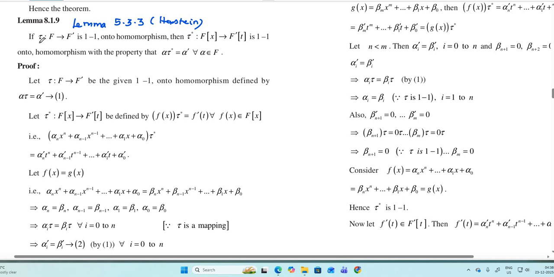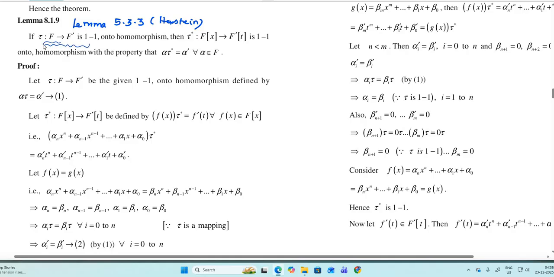So what is given to me is only this: tau from F to F prime is a one-to-one onto homomorphism. If that is the case, then we have all this. We can have from F[x] to F prime[t] a mapping which is a one-to-one onto homomorphism. Now the entire proof of uniqueness of splitting fields lies here.